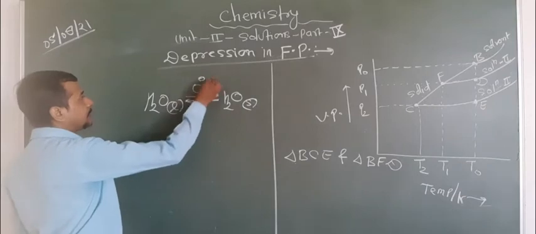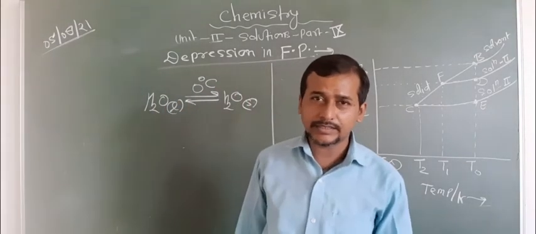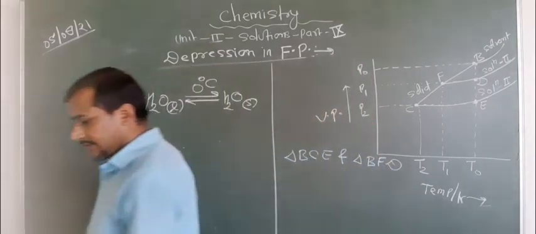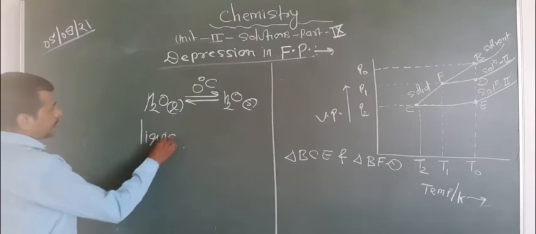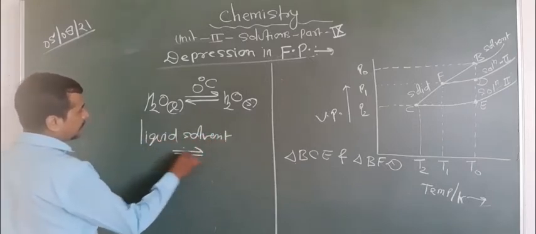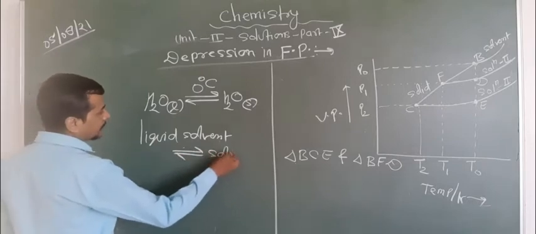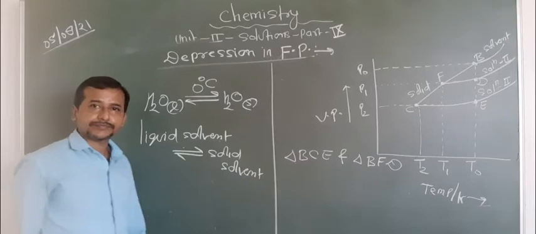This basically happens at 0 degree centigrade, so this is the freezing point of water. Are you getting this point or not? Or you can say the liquid solvent is in equilibrium with the solid solvent. Are you getting this point or not?